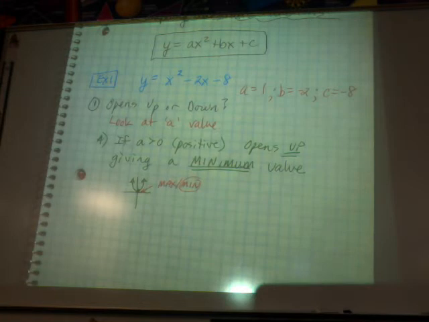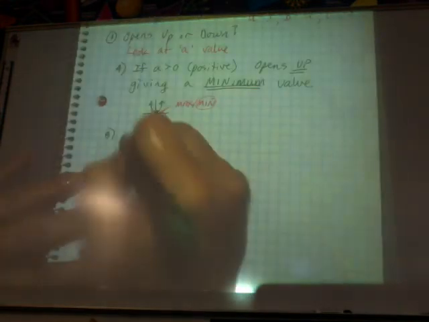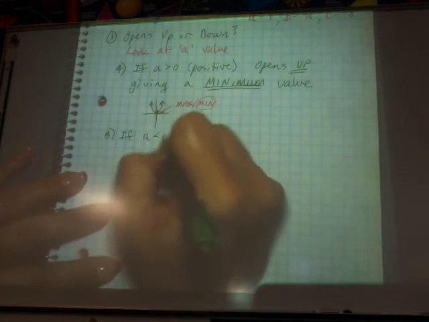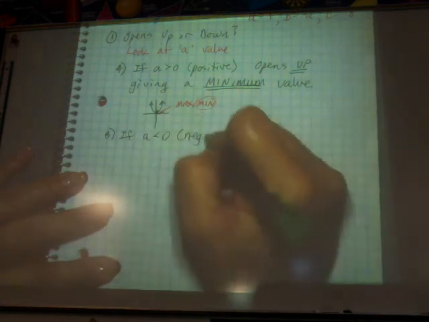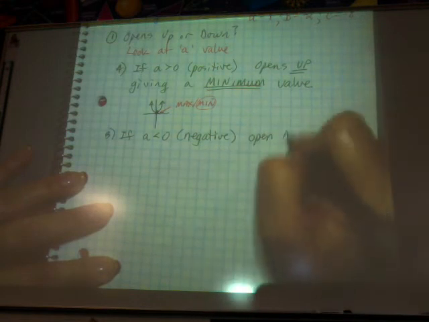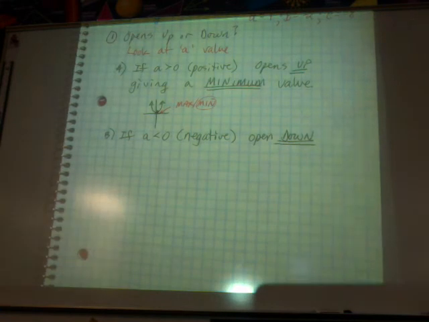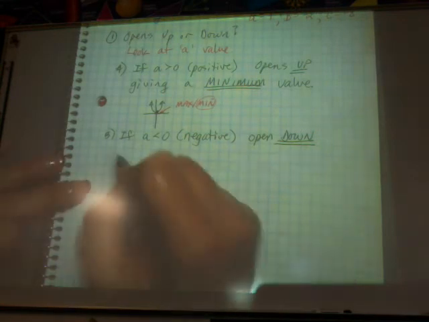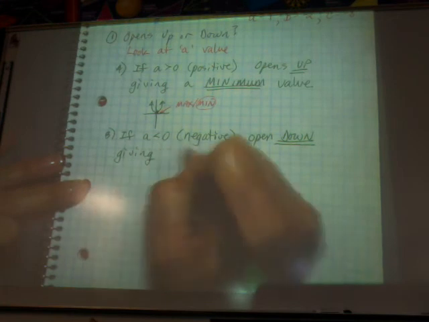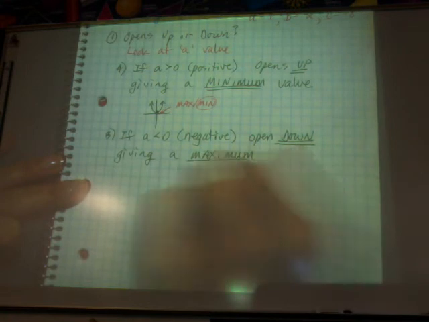All right, then what if it opens down? If a is less than 0, which would be a negative value, then it will open down. So positive is up, negative is down. It makes sense because on the y-axis, positive values are up, negative values are down. And so that would be giving a maximum value.